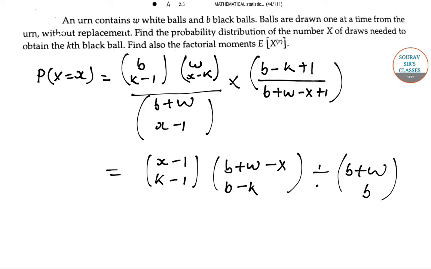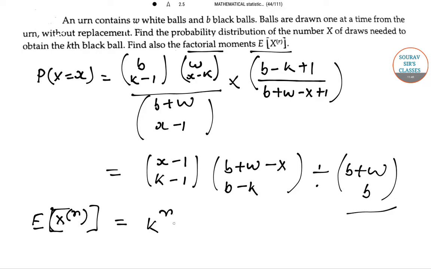So we have found the factorial moments. The expectation of X to the power r is given by k to the power r times b plus w plus 1 to the power r divided by b plus 1 to the power r.